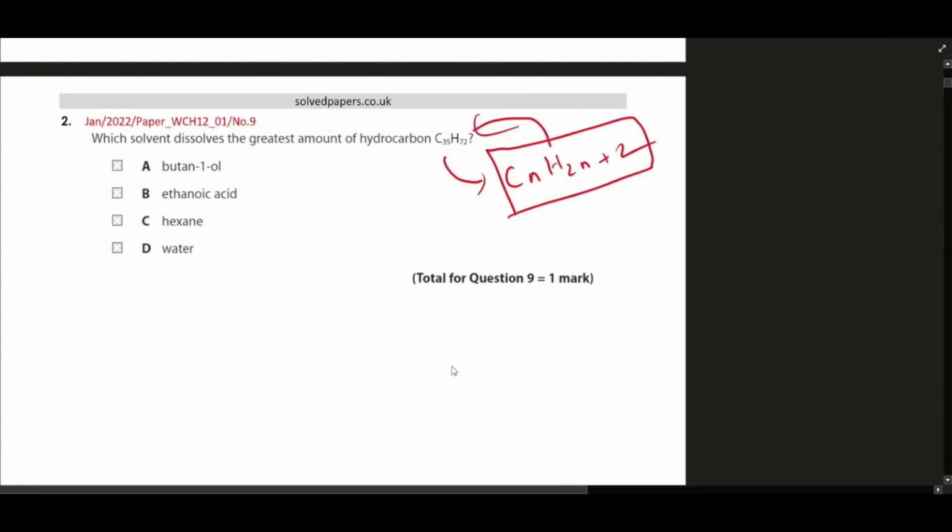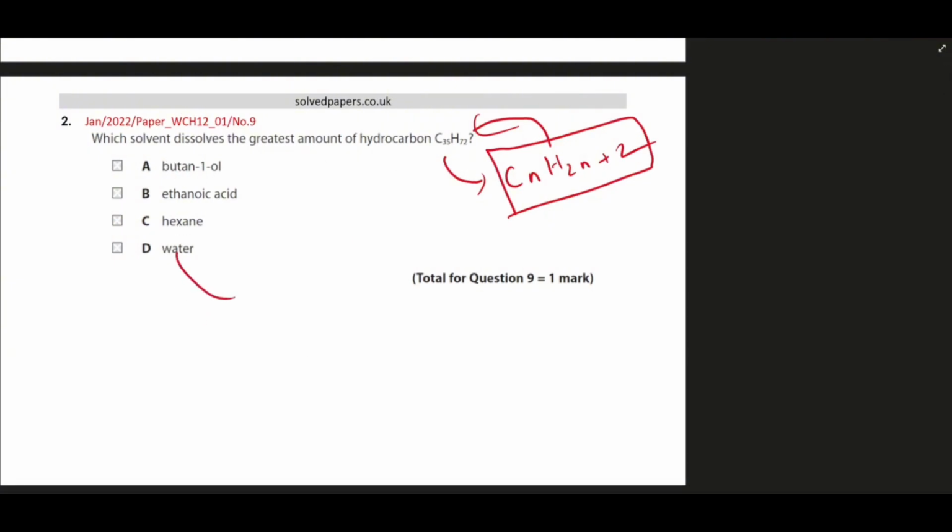Now, the question is, which solvent dissolves the greatest amount of hydrocarbons? C35H72. Okay, we have our four options down here. Can you tell me, looking at the reaction or the solubility, remember one thing, it all depends on the bond polarity. Can you tell me which one contains polar bonds here?